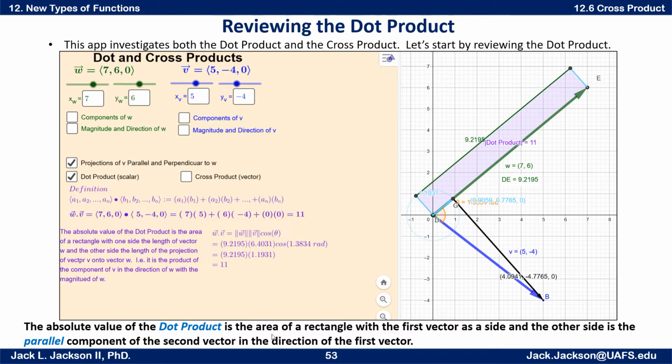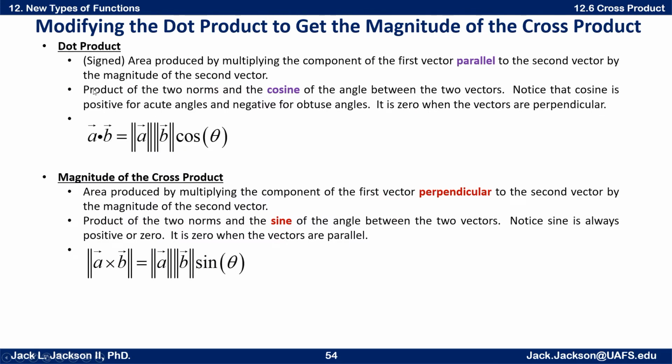Now, let's just change a couple of words here, and we'll get the cross product, or at least the magnitude of the cross product. So remember that the dot product is a signed area produced by multiplying the component of the second vector parallel to the first vector by the magnitude of the first vector.